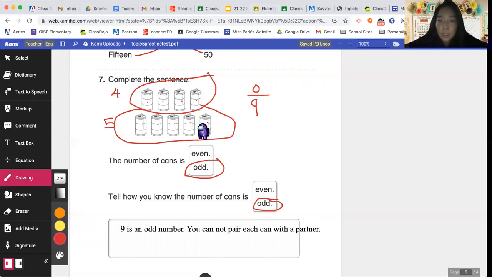If we sent this person to team A, that means that team A would have 5, but team B would only have 4. So if you can't make it perfectly equal, then it is going to be an odd number.